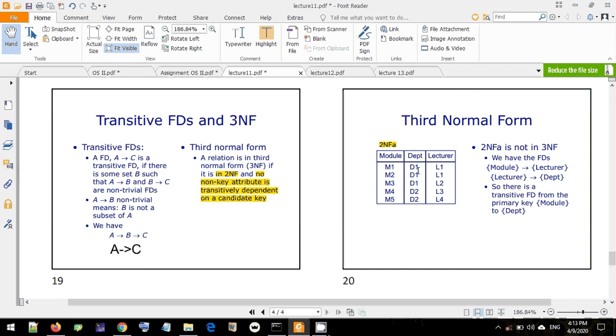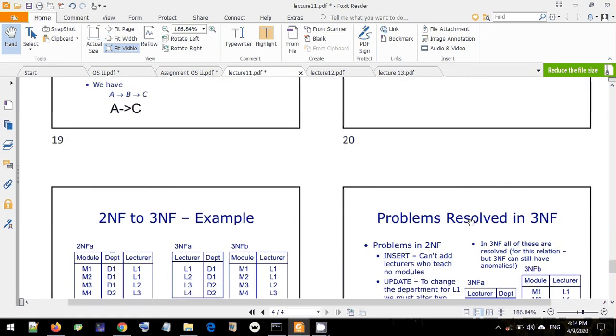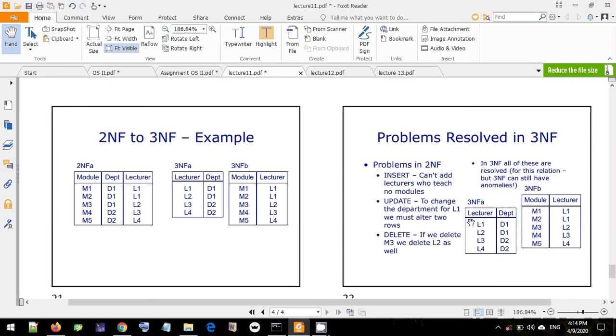So there is this transitive relationship because the module will finally be dependent on the department, right? So you see the module is dependent on the lecturer, and the lecturer is dependent on the department, which means that the module is dependent on the department. That's a transitive relationship. Now, our goal is to eliminate this transitivity.